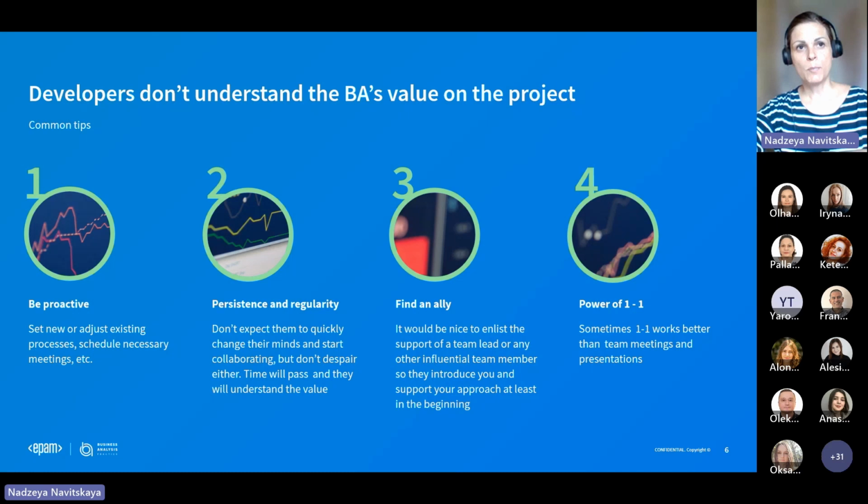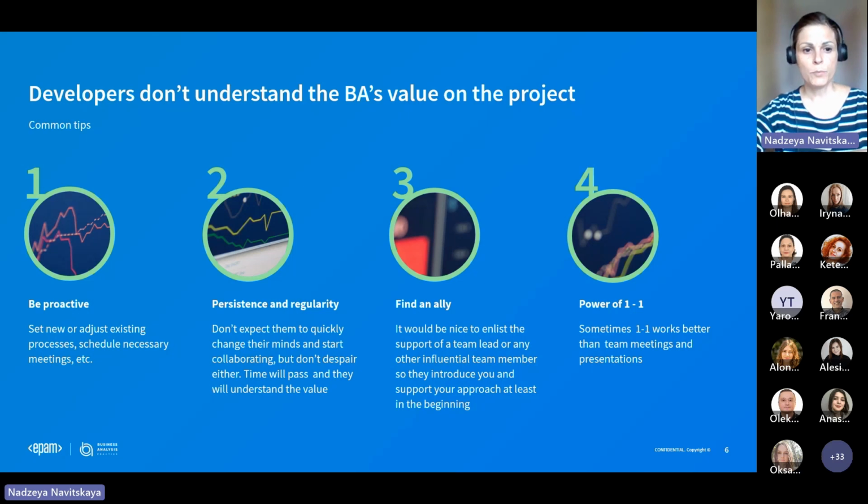This is especially advice for junior or middle business analysts, who sometimes may believe that they are not very experienced, so they cannot set effective processes. You try to ask, what should I do from the team? Just be proactive. Start to do something, because of course you can do something better.